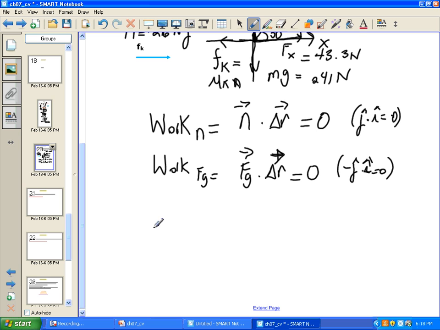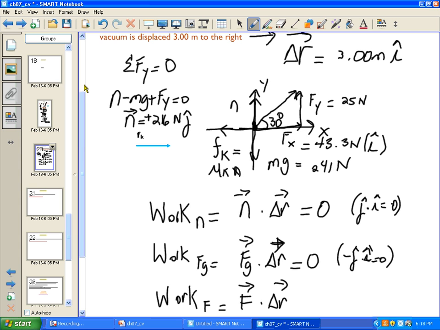Okay, what about the work that is being done by the force that the man exerts on the vacuum, which we merely label F? Well, here, if we consider that F has two components, one which is in the i hat direction, okay, that's F sub x. The other is in the j hat direction, okay, F sub y.